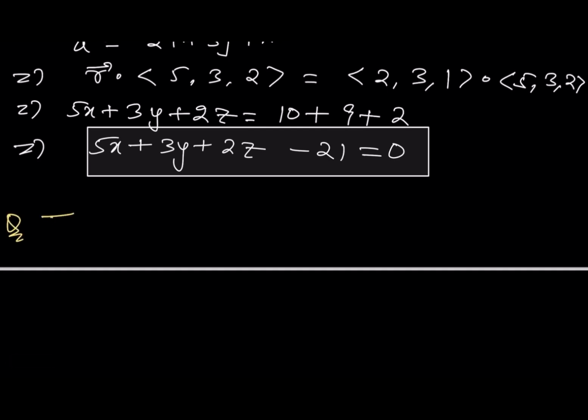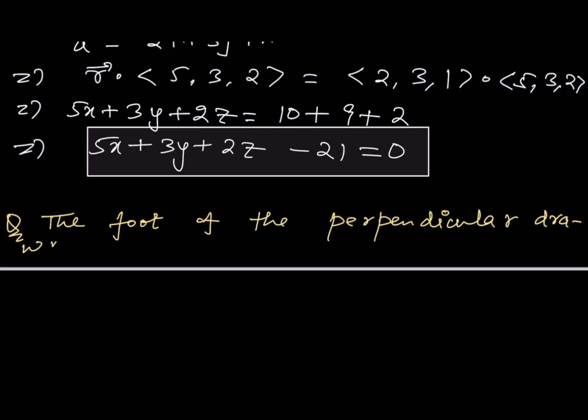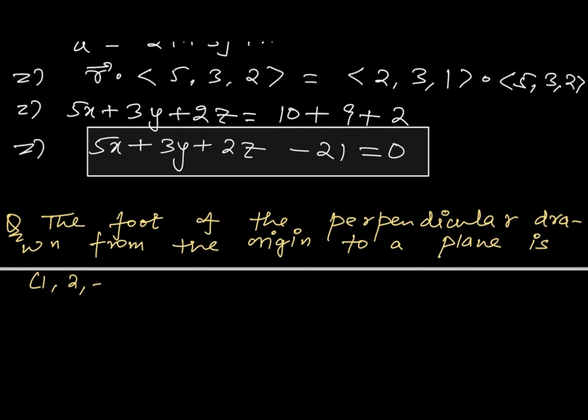Question is, the foot of the perpendicular drawn from the origin to a plane is (1, 2, minus 3). Find the equation of the plane.